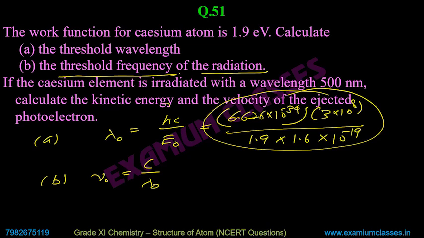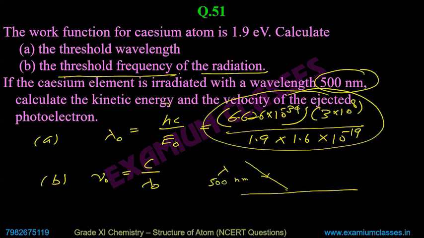Now the question is, if the cesium element is irradiated with a wavelength of 500 nanometers, calculate the kinetic energy and the velocity. From this, you can get the energy of the incident source. This lambda is given as 500 nanometers, so you can calculate E from here.